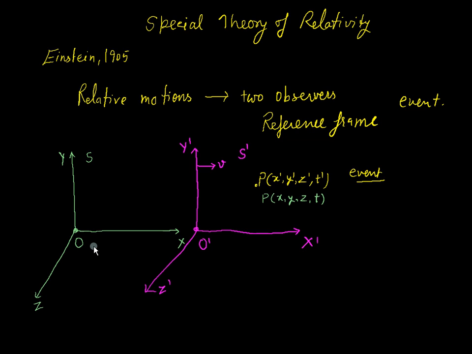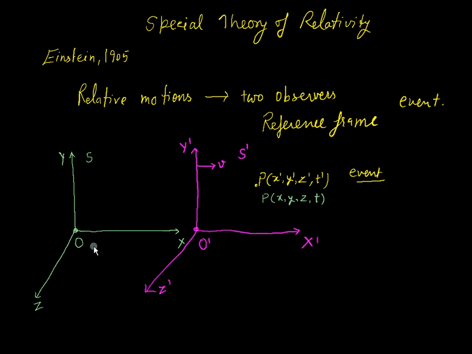So the second point comes for the event. Event, as I told you, may be anything, and who is observing that, and from where, this is also important. The O observer observes the event in his frame of reference. O prime observes the event in his frame of reference.